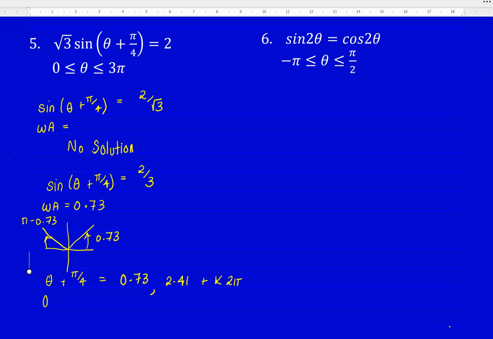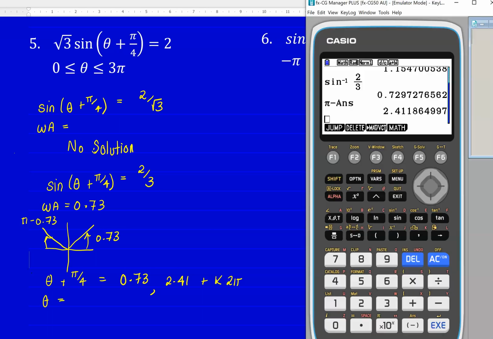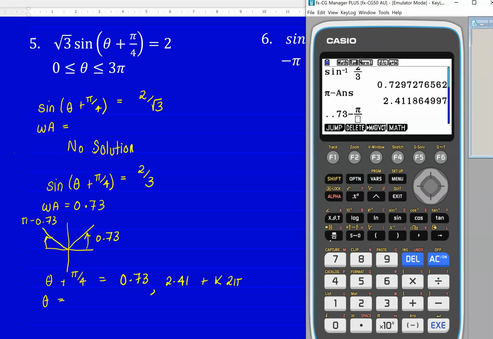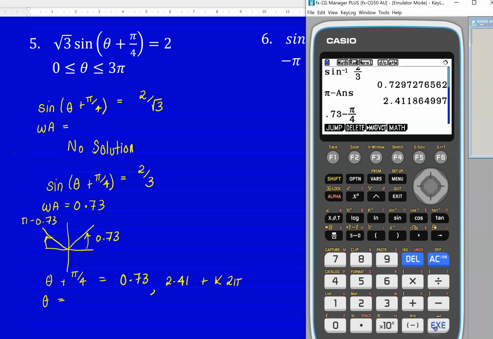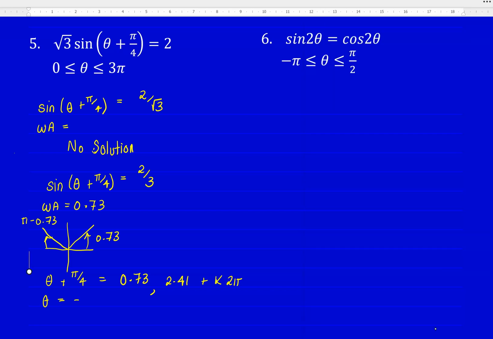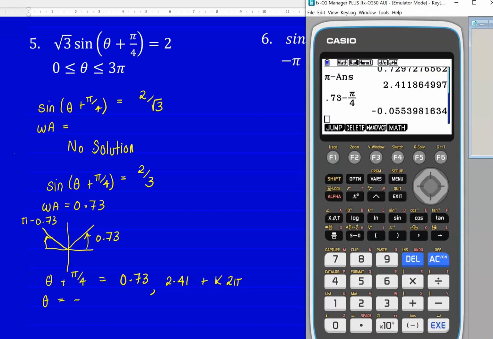Okay, and then we carry on and we'll say get rid of the plus pi on 4 by subtracting pi on 4. So we will have 0.73 minus pi over 4. So exactly what we were doing before, it's just that we're not using exact values. Okay, so that's going to be minus 0.055.